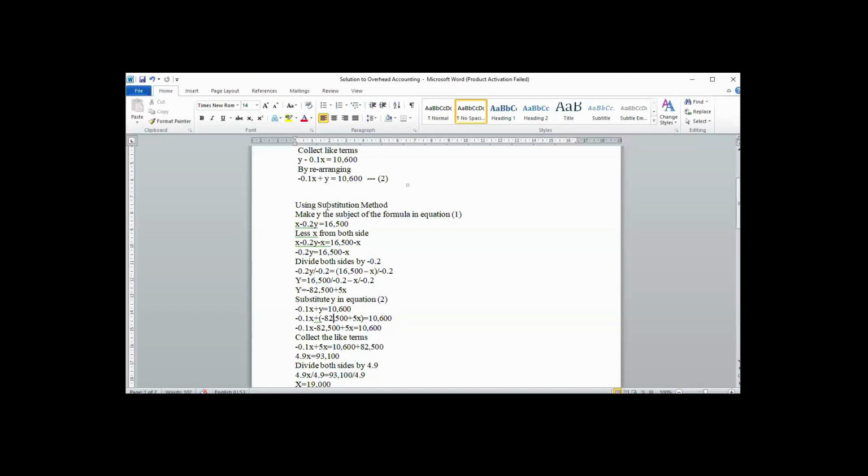I now said using the substitution method. We have 4 methods of solving simultaneous equations: the substitution method, the elimination method, the graphical method, and the matrix method. Those who did maths understand what I'm talking about. For those who don't like mathematics, they only have an idea of elimination and substitution.